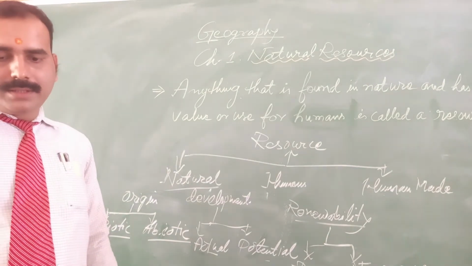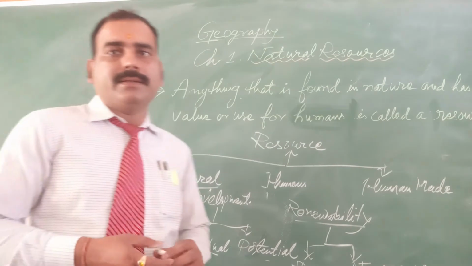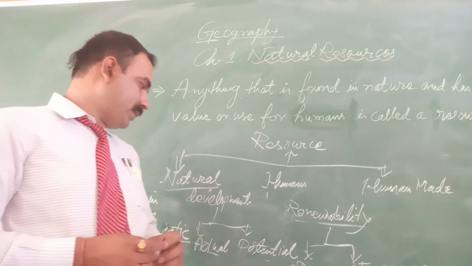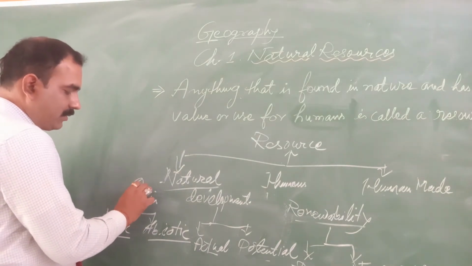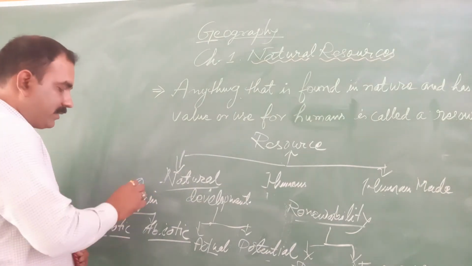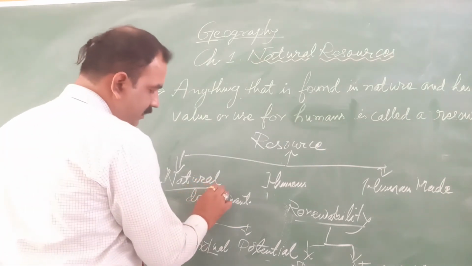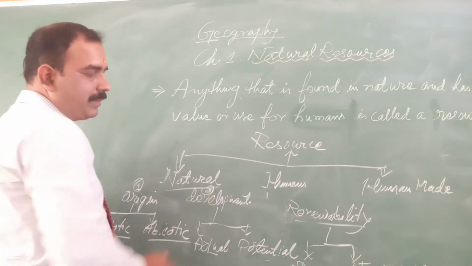Now, on the basis of their distribution, again natural resources can be divided into two parts. First, we have studied the classification of natural resources on the basis of origin. Second, on the basis of development.